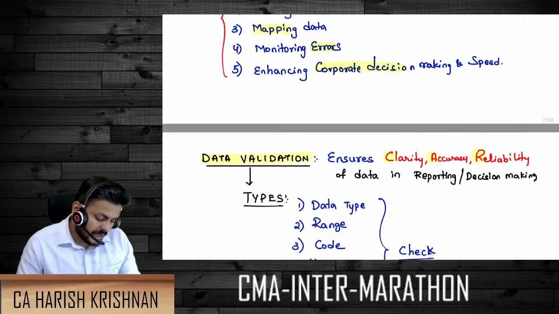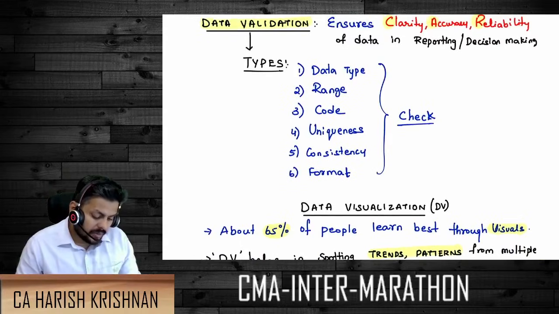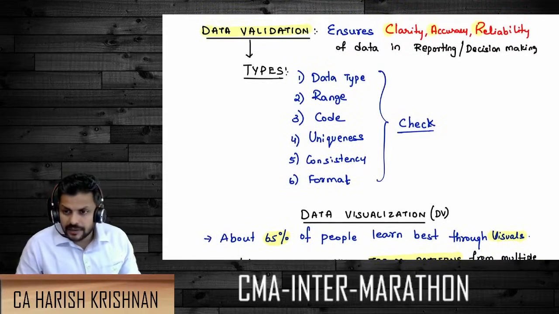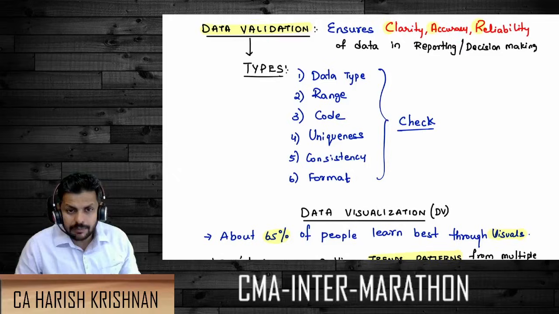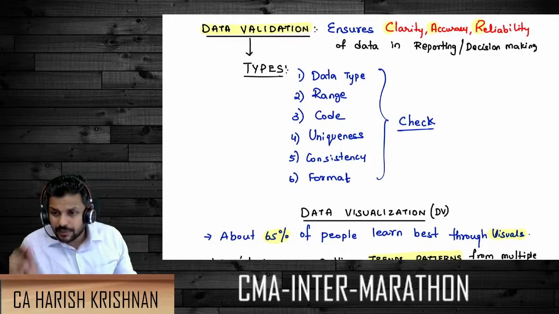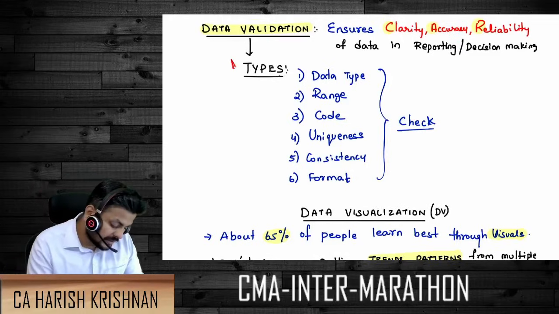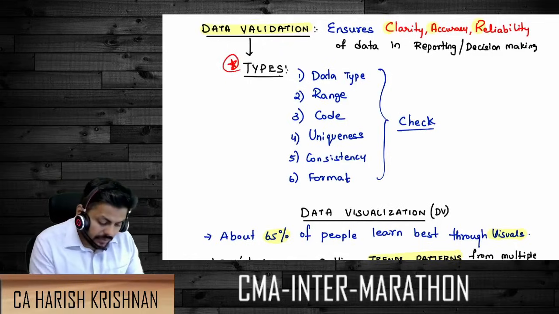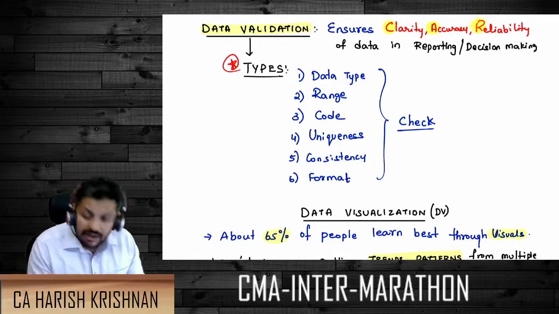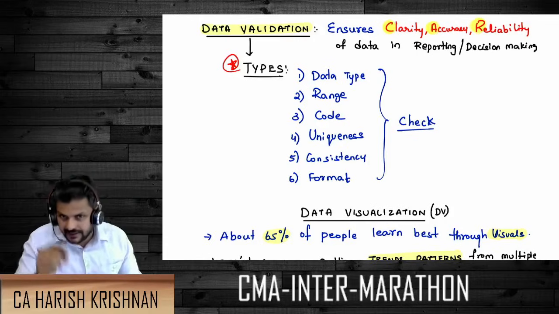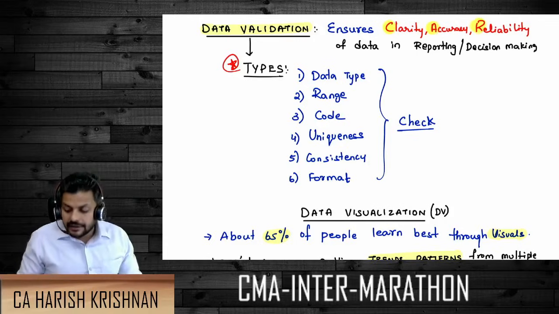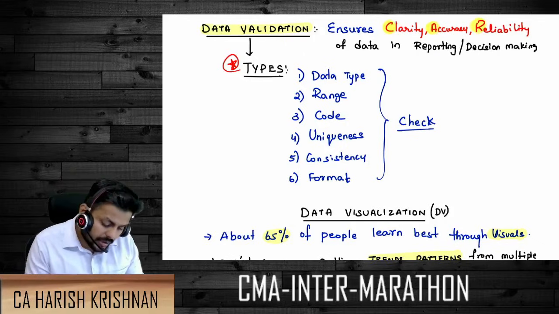Then coming to data validation. What about data validation? The last part of the chapter, but it's a very important part, because there are 6 types of checks that can also be asked as a question, which ensure clarity, accuracy, and reliability. CAR, I told you and highlighted those, right? Data validation ensures 3 things about the data in reporting or decision making.